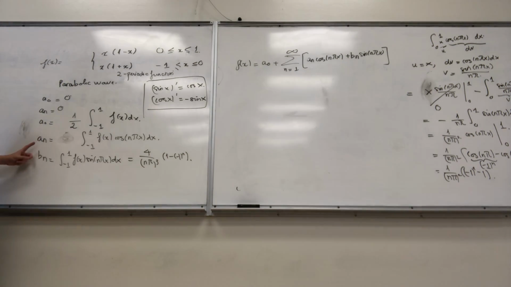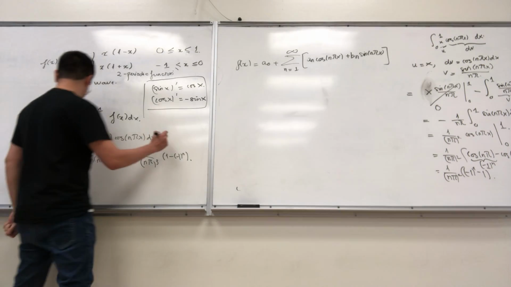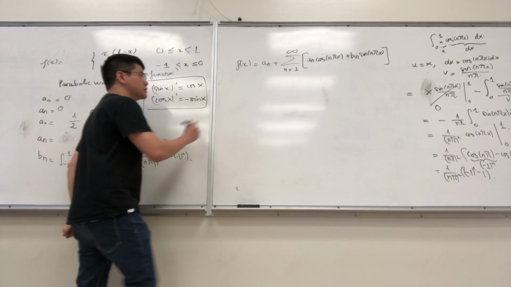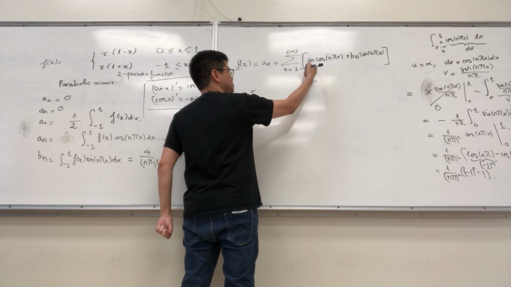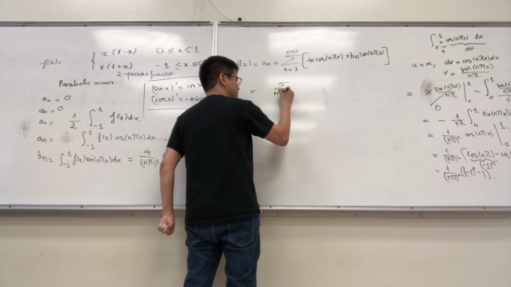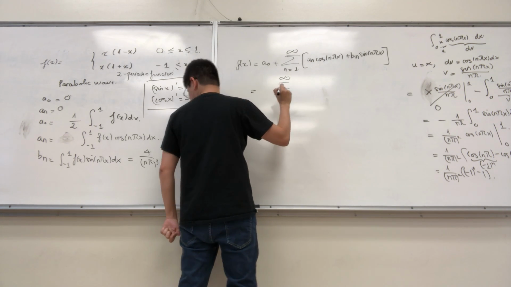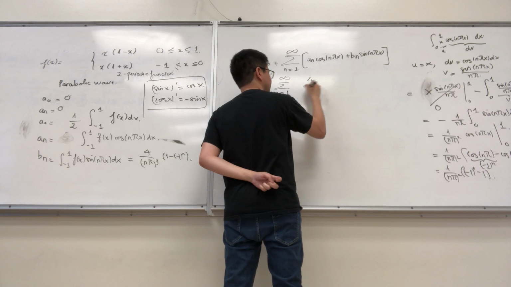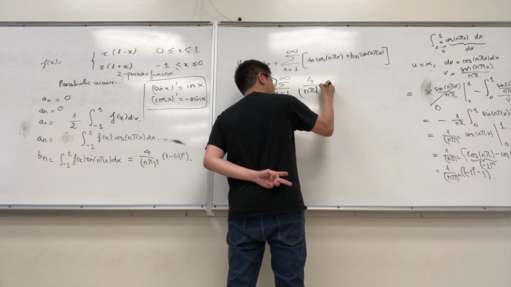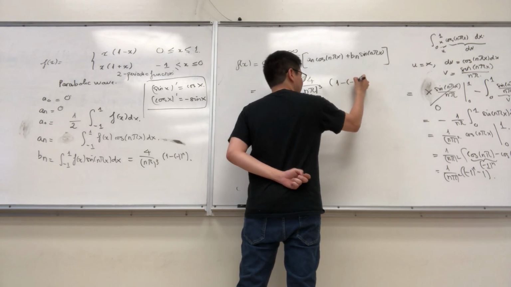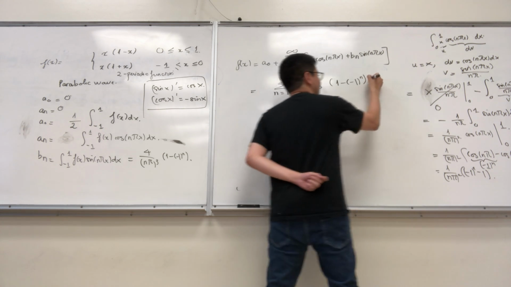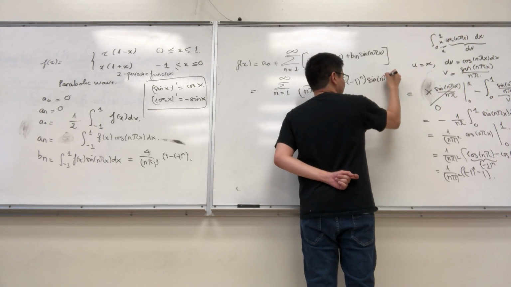We're going to replace all of the values that we found here. So a0 is 0, an should be 0, so I have the sum from n going from 1 to infinity of 4 over n pi to the power 3, 1 minus 1 to the power n, of sine of n pi x.